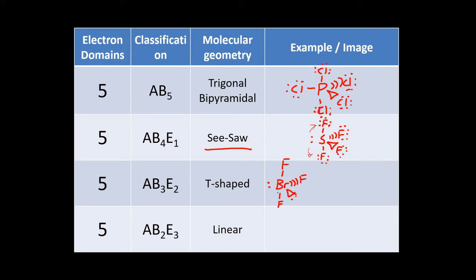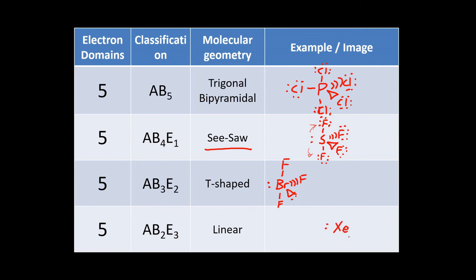This molecular geometry is called T-shaped, because if you ignore those lone pairs, you have a 90-degree interaction here between each of those, and then it's 180 degrees here, and so it is actually just shaped like a T. And then the last one here, if you have a third lone pair, you're going to take up that last position on the plane, and so xenon difluoride is an example of that.